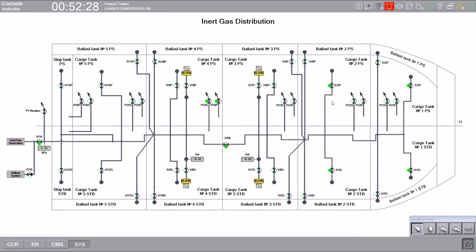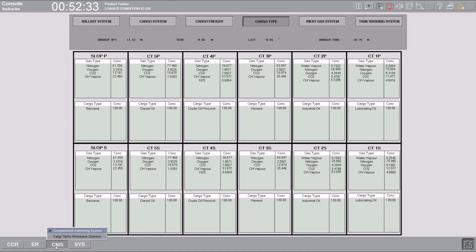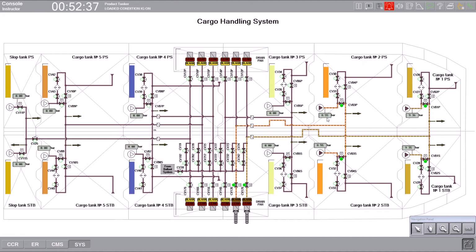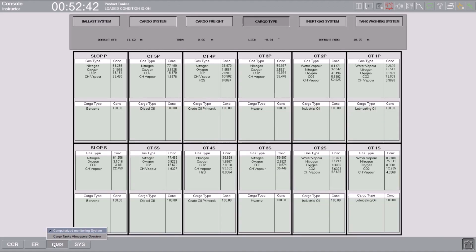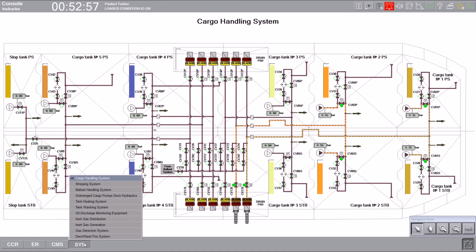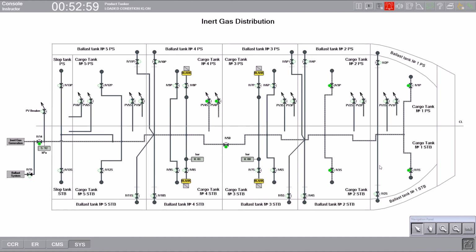The inert gas will fill up the tank, and you see the PV valve is closed now, and the cargo is still discharging, and you can see that the inert gas filled up the empty space, so the pressure is rising. And that's the correct procedure.